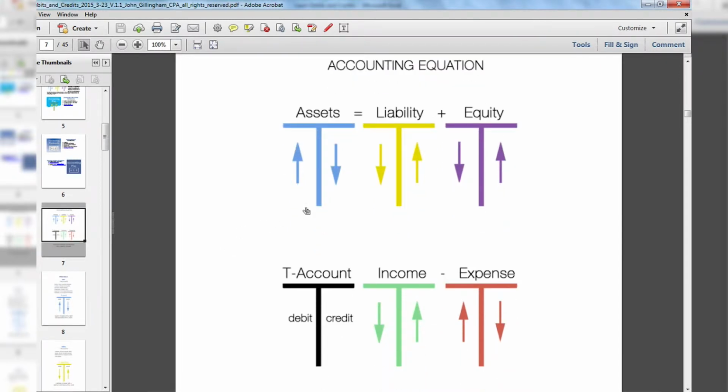Here we have our assets, liabilities, and equity. This is something to commit to memory, but I want to just introduce this T account. Debits on the left, credits on the right. Debit asset up, credit asset down.